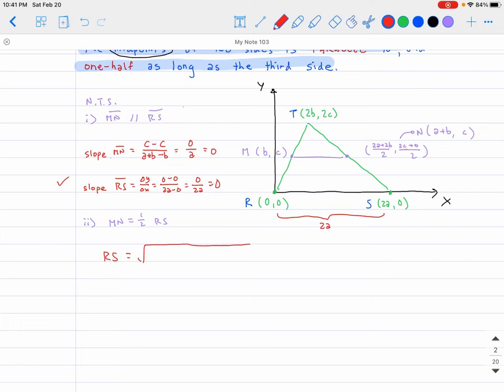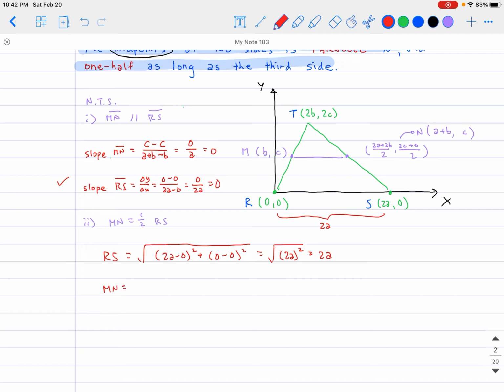That's going to be the square root of 2A minus 0 quantity squared plus 0 minus 0 quantity squared, and then take the square root of the whole thing. So the square root of 2A quantity squared is equal to 2A. If you ever use the distance formula and it's not horizontal, that's the path that you want to take. Now, if I do the same thing for MN, let's see what happens.